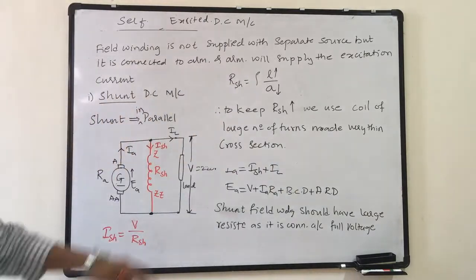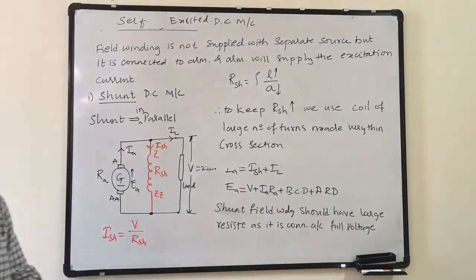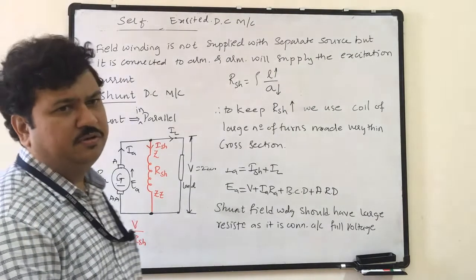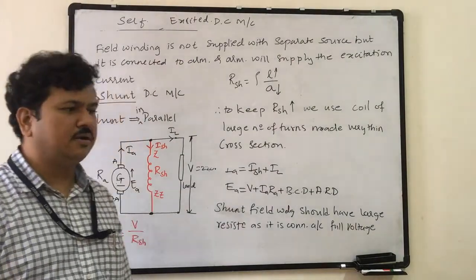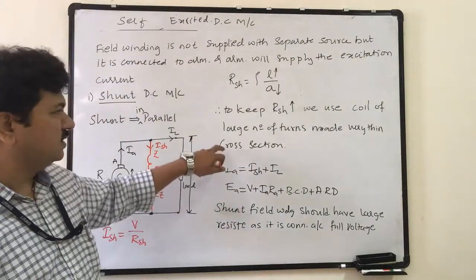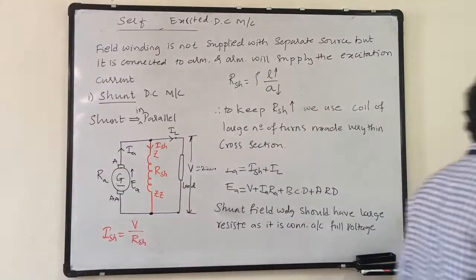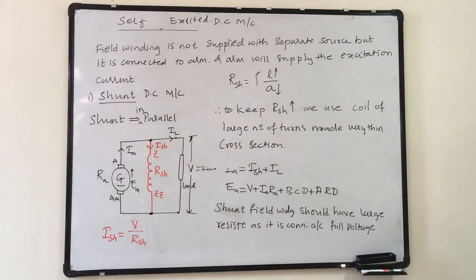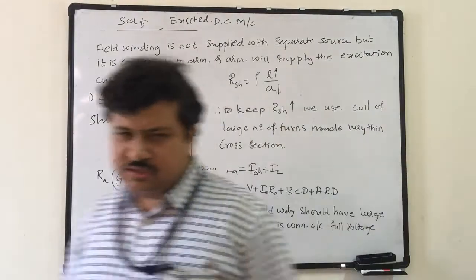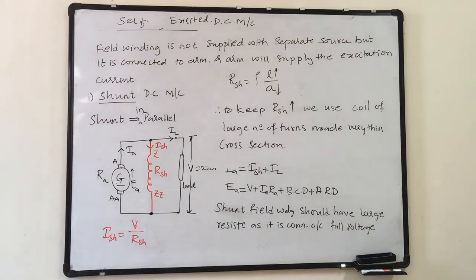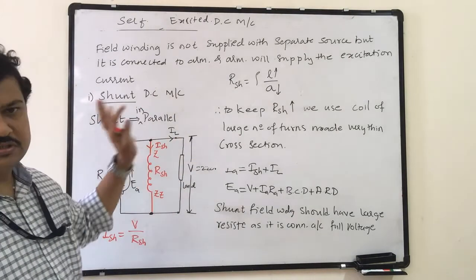Okay, so you should keep this in mind: the shunt field winding is made up of a very large number of turns with very thin cross-section conductor. If we do this, it is automatically achieved with a larger value of resistance.